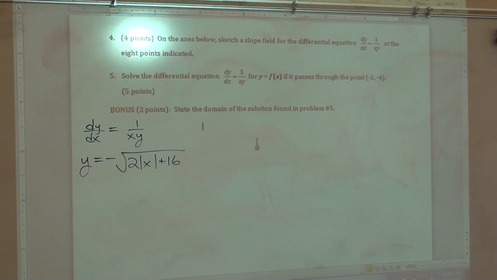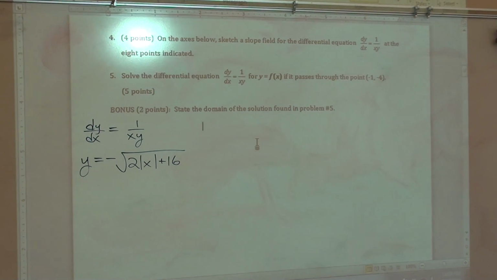Okay. All right, so we need to find the domain. Why am I thinking I'm missing an e? Is there an e in there that I'm missing? Who's got their quiz handy?